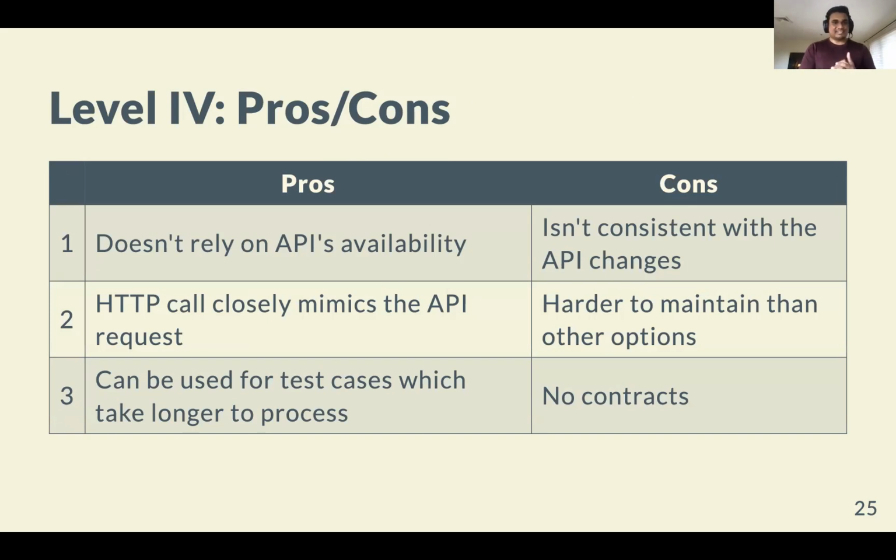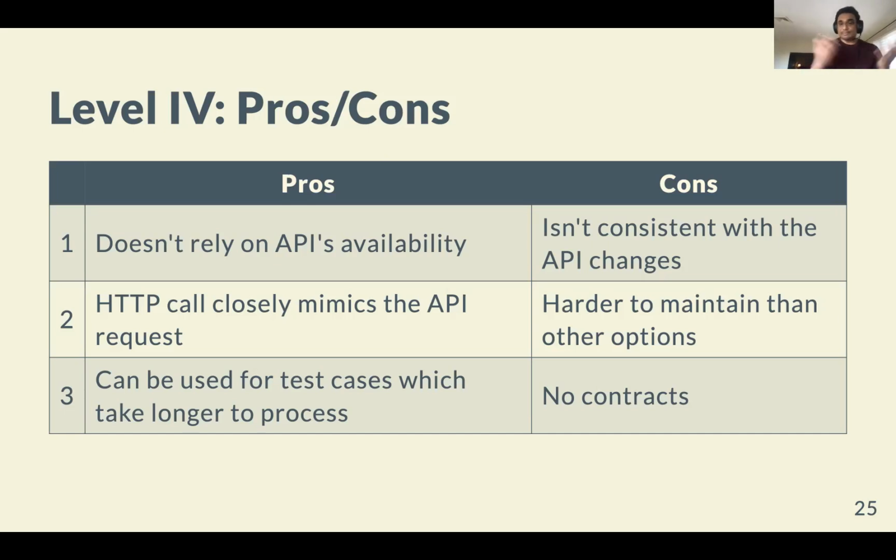And this can be used for tests that take longer to process things, especially if you're stress testing your application and one of the parts of the application is an API call. It's better to use this than ExVCR, because ExVCR doesn't properly communicate whether your application can handle that stress or not.